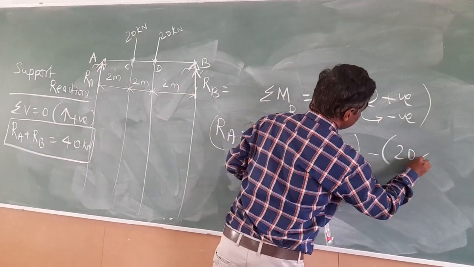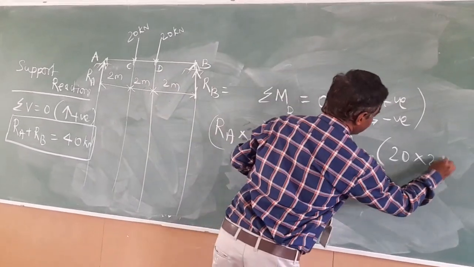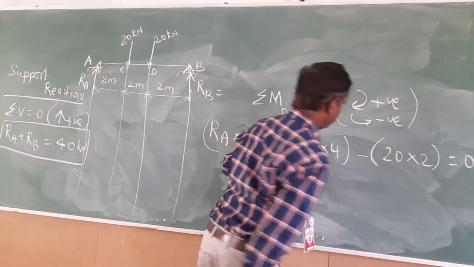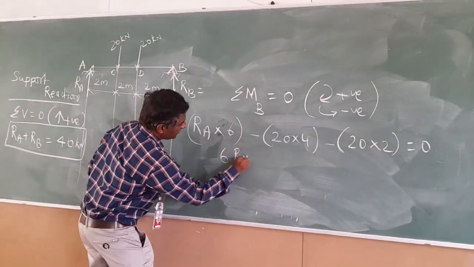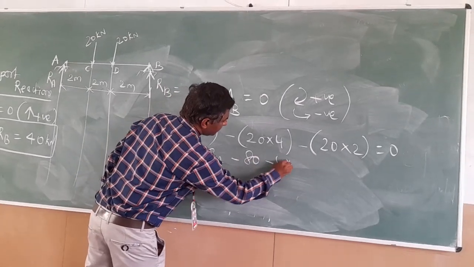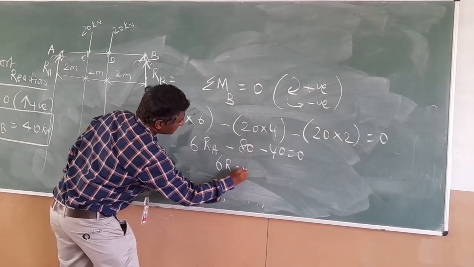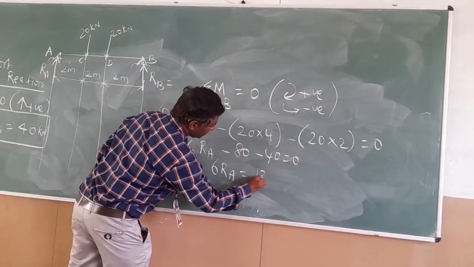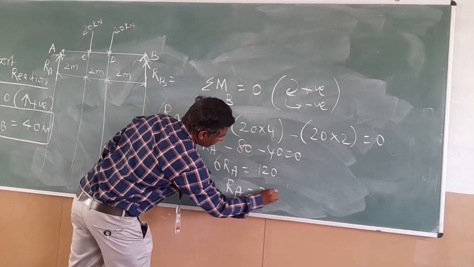It is 20 into the perpendicular distance from this point to B, which is 2. That is equal to 0. And here it is 6 RA minus 80 minus 40 equal to 0. So 6 RA equal to 80 plus 40, 120. So RA equal to 20 kilonewton.